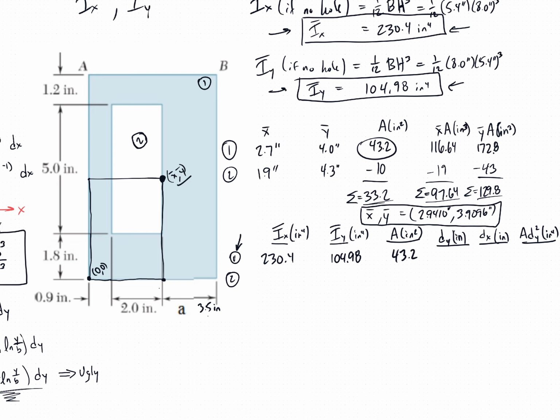In fact, let's go ahead and just put those numbers in there. It doesn't matter. Basically what we're doing is looking for the distance between, let's say in the x, this guy right here, and this one right here.